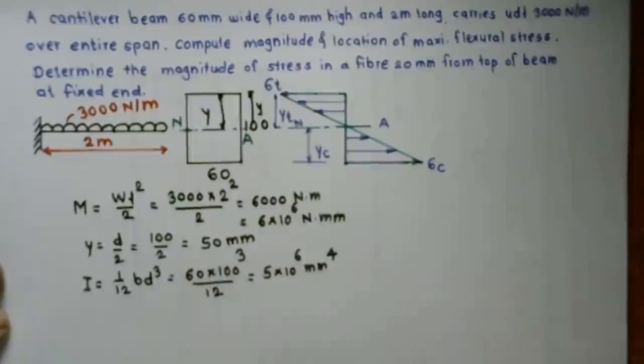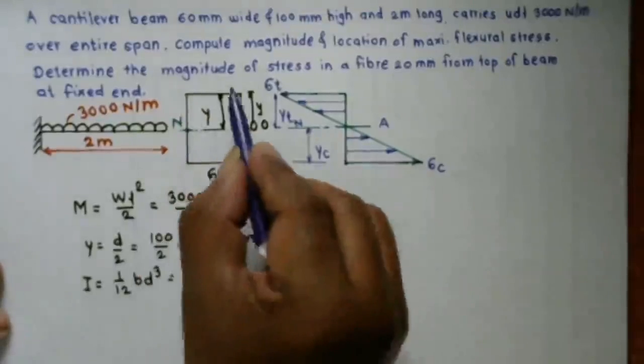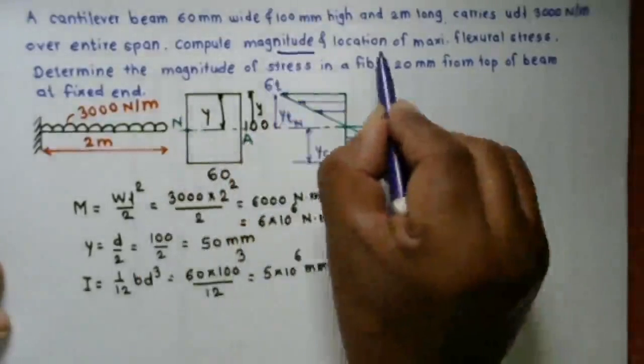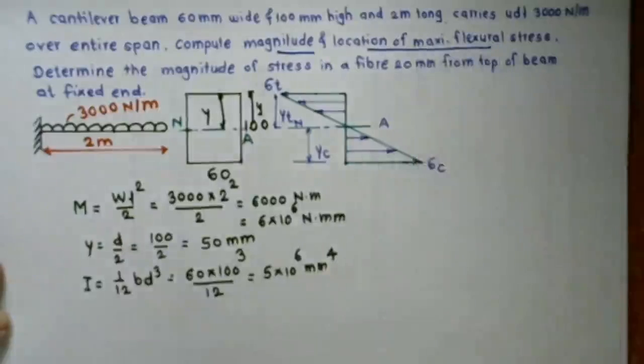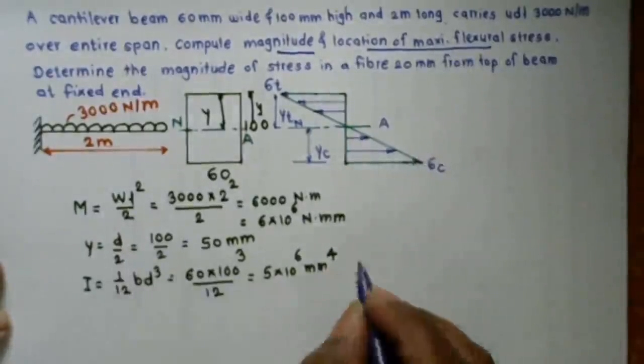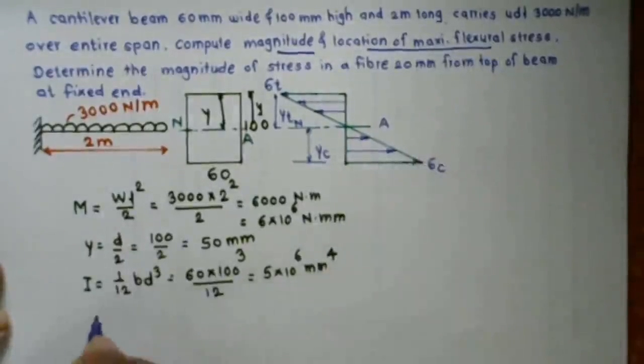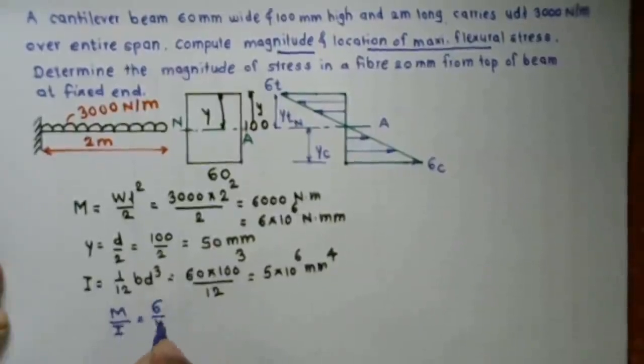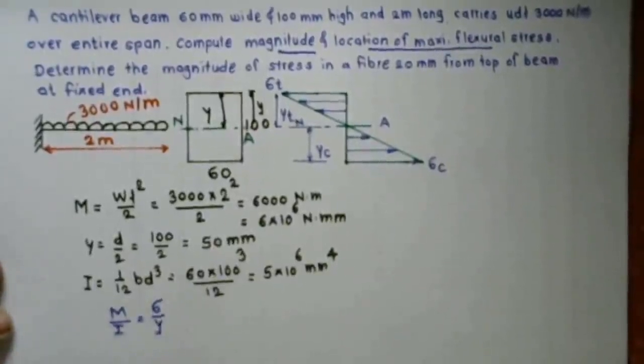Now we have to calculate the maximum stress and its location. So what is our flexure formula? The flexure formula says M upon I is equal to sigma upon y, where M is the bending moment, I is the moment of inertia, sigma is the bending stress or flexure stress, and y is the distance from the neutral axis to the outer fiber.